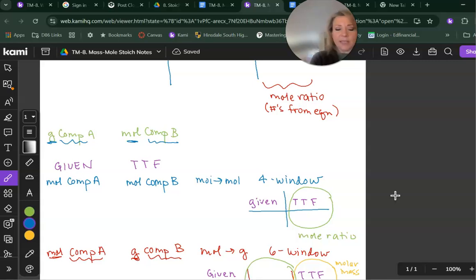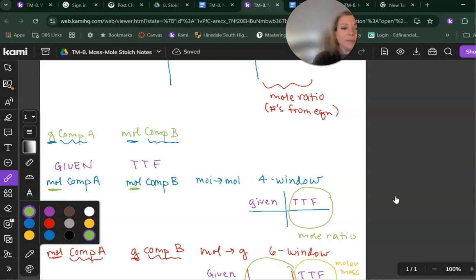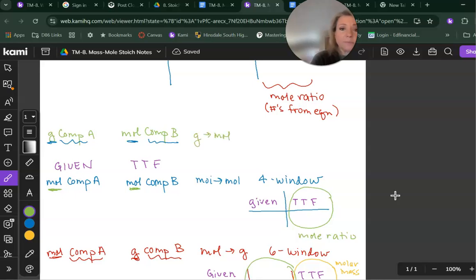That's different, remember, from our 4-window problem because our units didn't change. It's mole to mole, even though our compounds did. But remember, if your units change and your compounds change, then you have to do a 6-window problem. So in this problem, this is grams to mole. This is a 6-window problem.